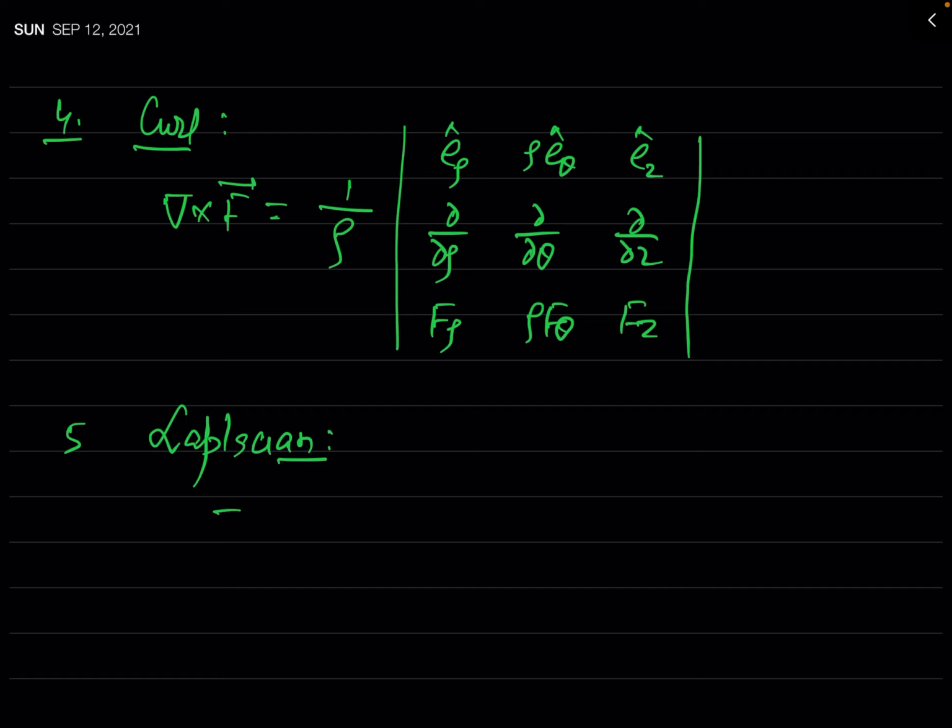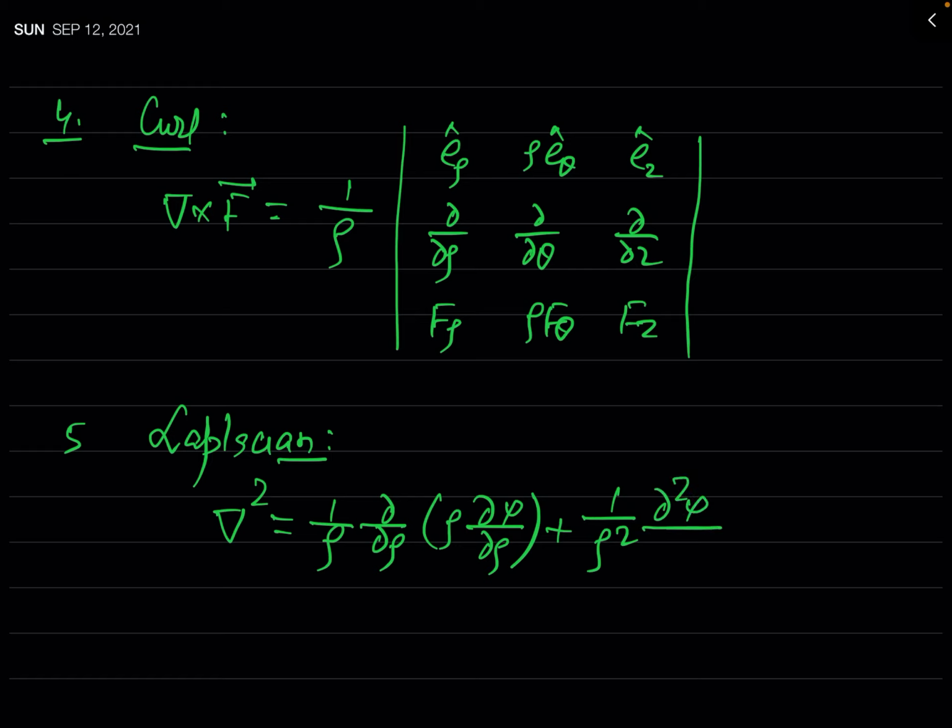The Laplacian in the cylindrical coordinate system will be 1 over rho del rho of rho del phi by del rho, plus 1 over rho square del 2 phi by del theta square, plus del 2 phi by del z square.